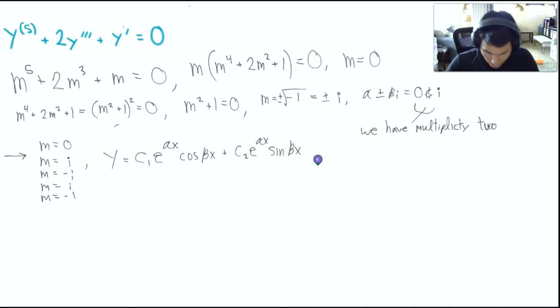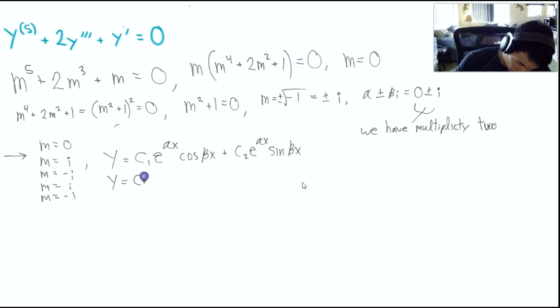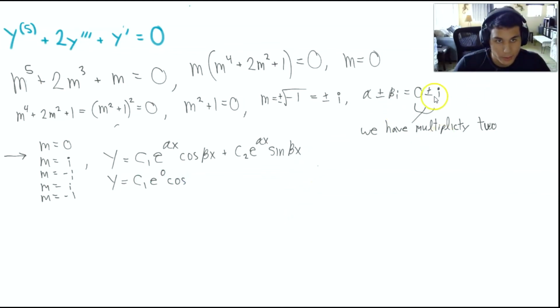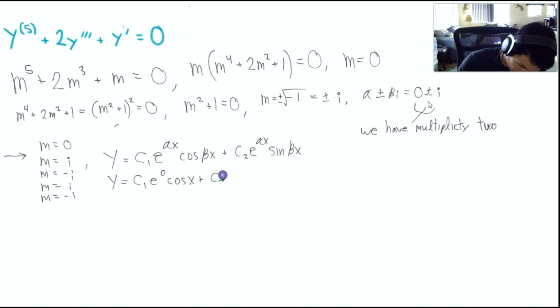And as you can imagine, for us that would be y is equal to c1 e to the 0, cosine, and what's beta? Beta is just 1. So we'll just write it as cosine x and c2 e to the 0 sine x.